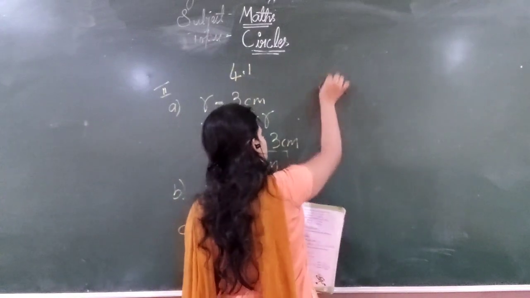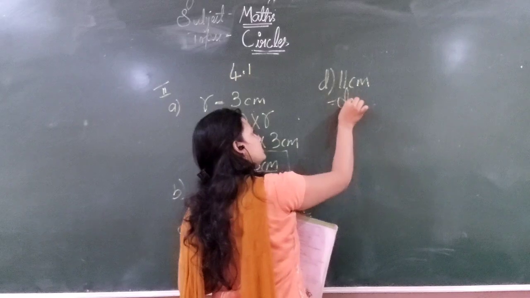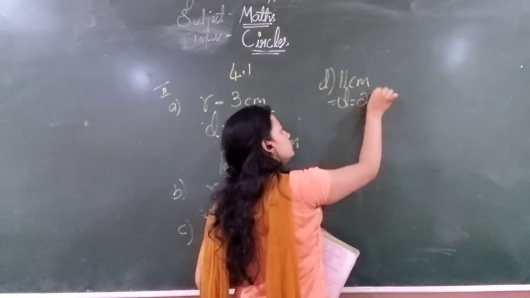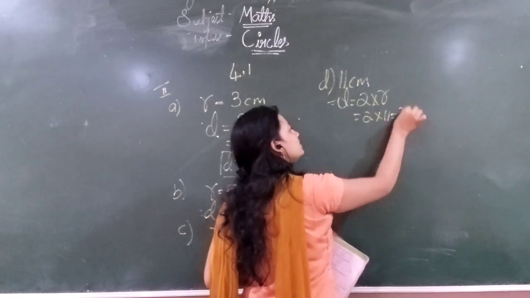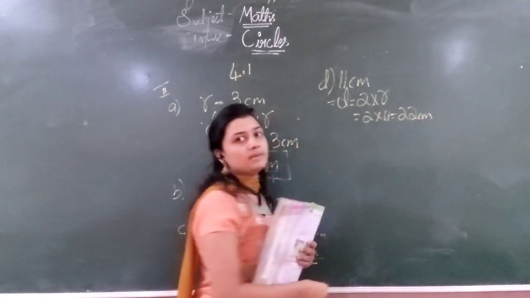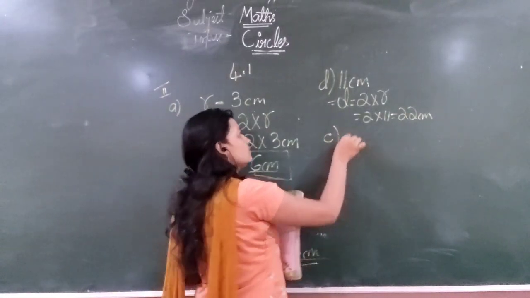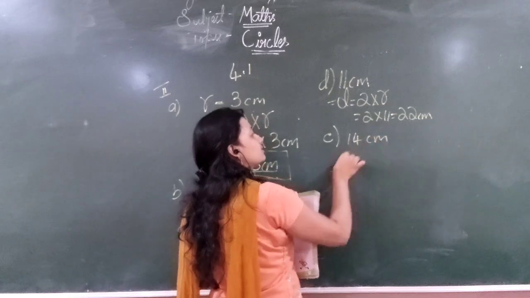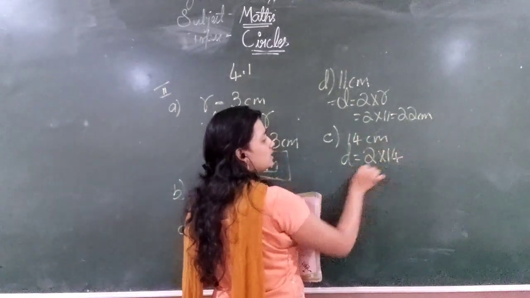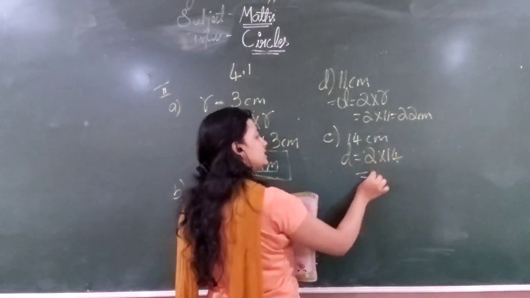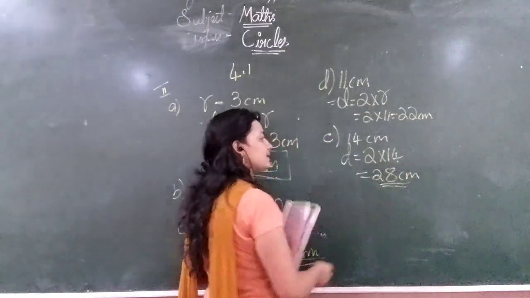D: 11 centimeter, so the diameter will be 2 into the radius, that is 11. 2 elevens are 22 centimeter. E question: 14 centimeter, so the diameter is 2 into the radius 14. 2 fourteens are 28 centimeter.